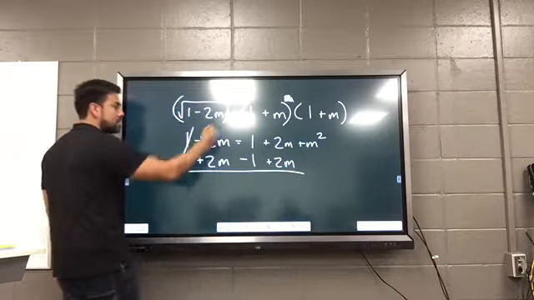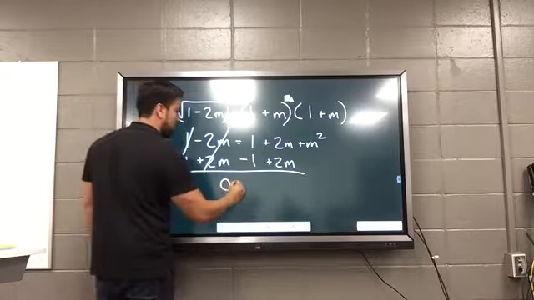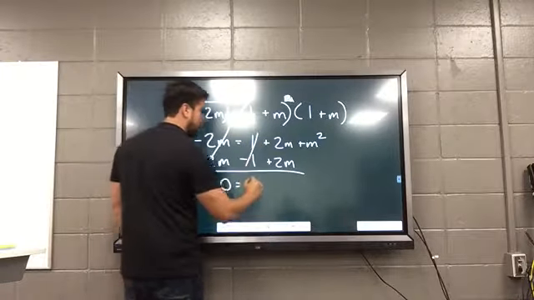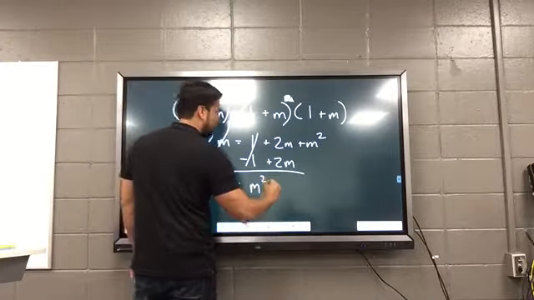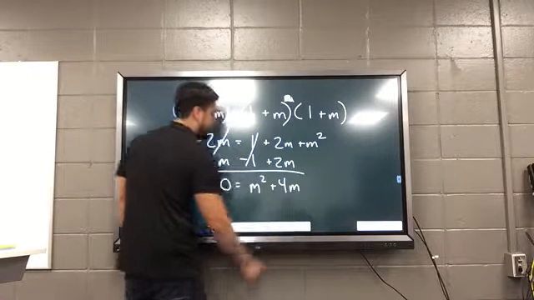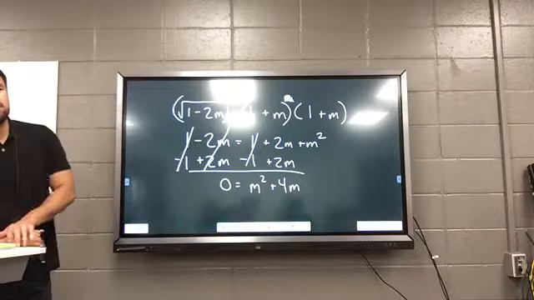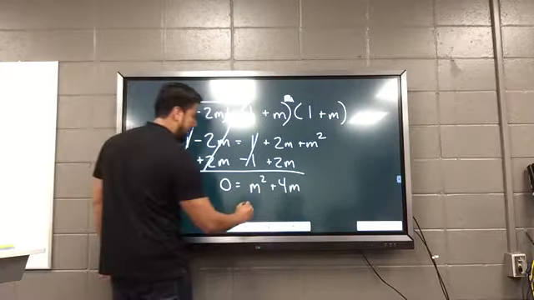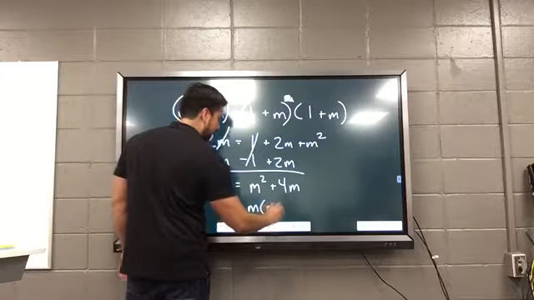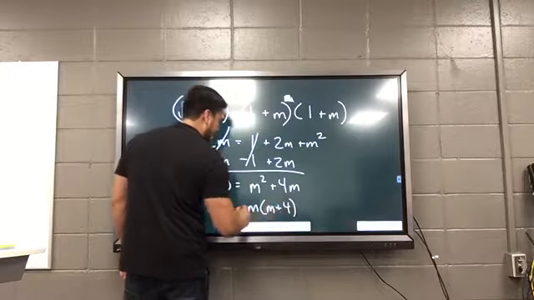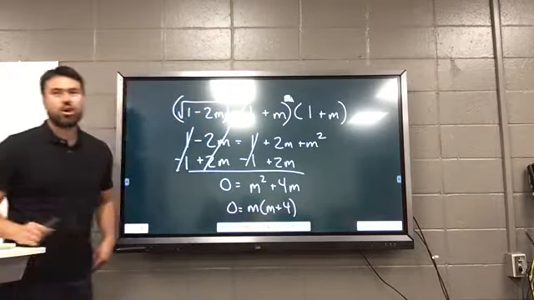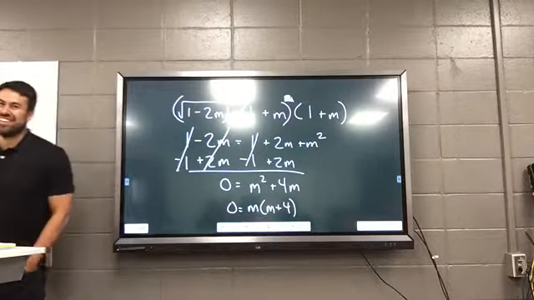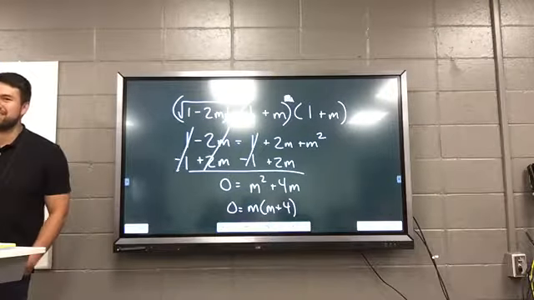I'll get this to cancel and that to cancel. I get 0 equals m squared plus 4m. That is very familiar. Then I can factor that out by getting my GCF, and then I have my answer. Your answer is multiple 0.